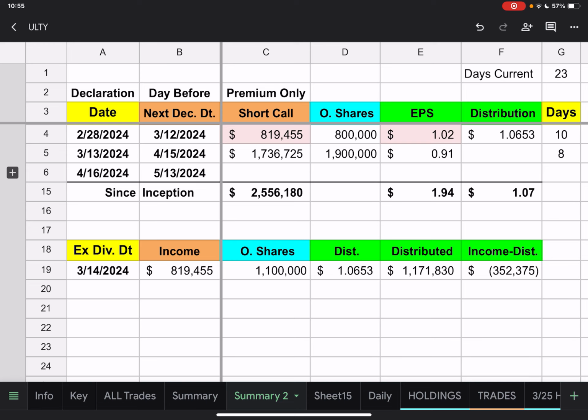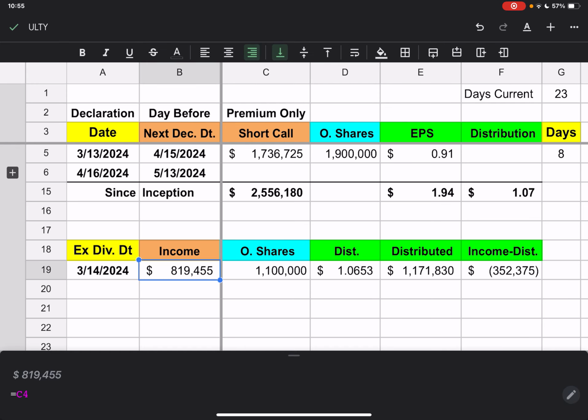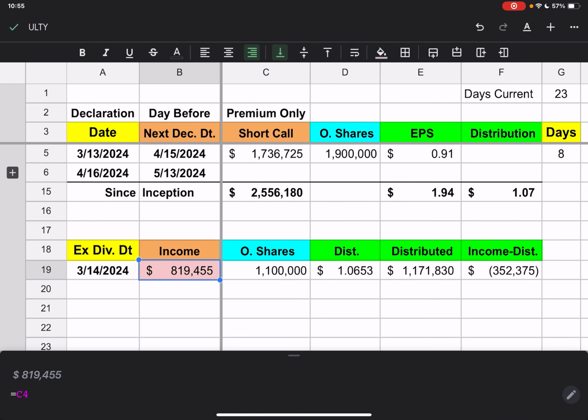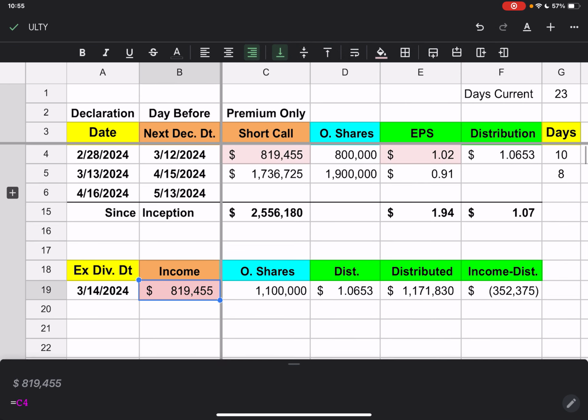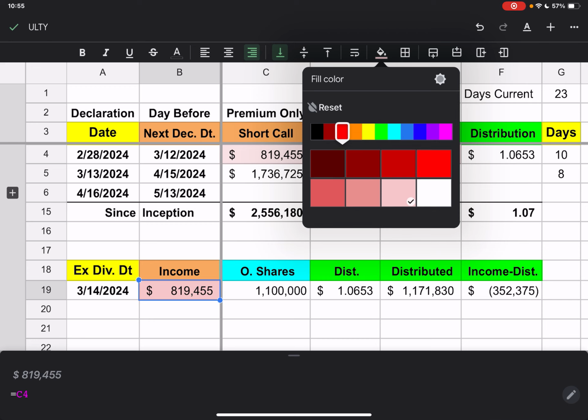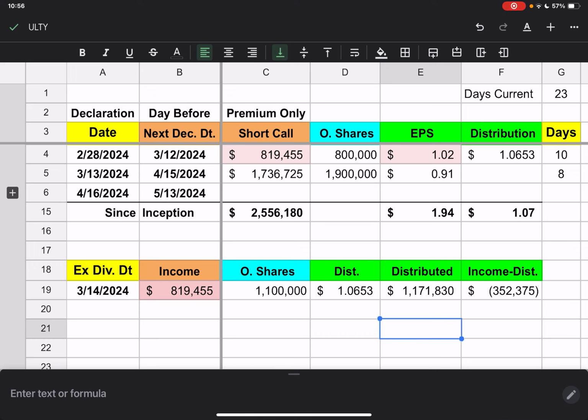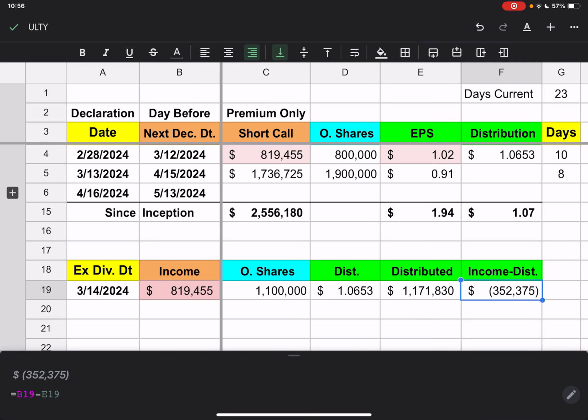So then the difference between the income, which is estimated, so I guess I should fill this in because this is not 100% accurate. I guess I can't do a lighter color to match up there on the iPad. That's not 100% accurate. But you can see over here, that's a difference.